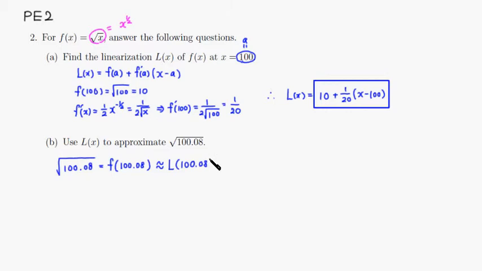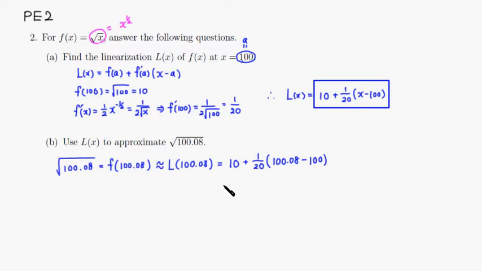Then we can just plug in the formula, so this is equal to 10 plus 1 over 20 times 100.08 minus 100.